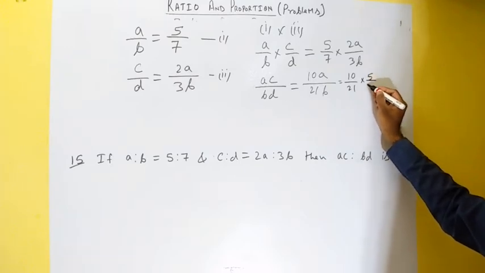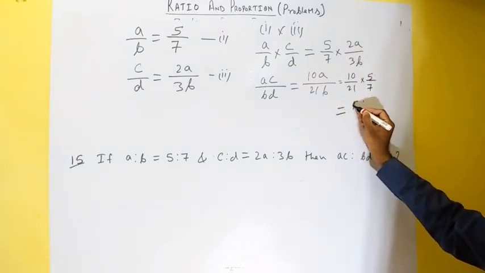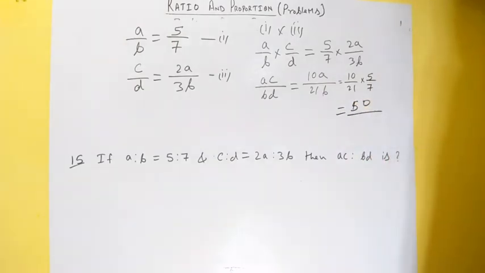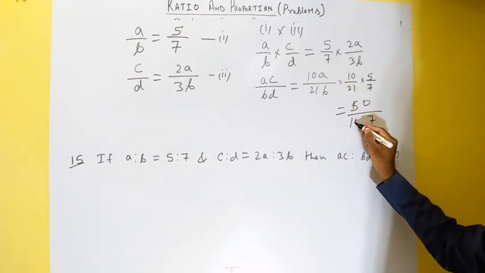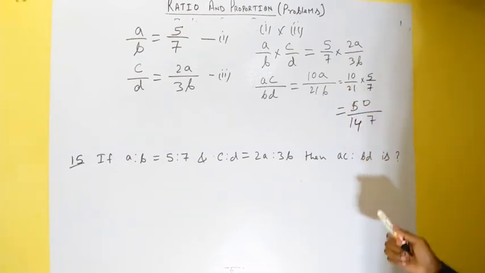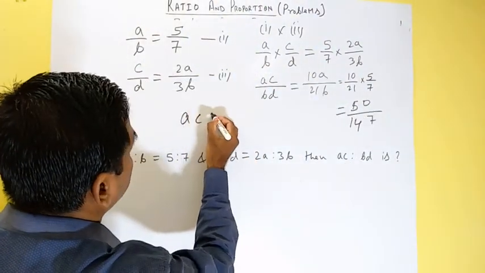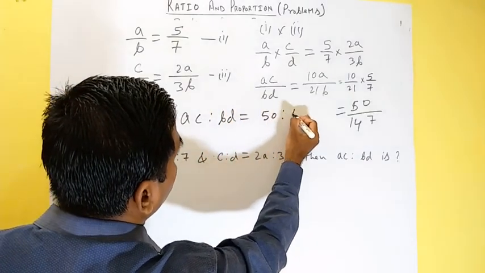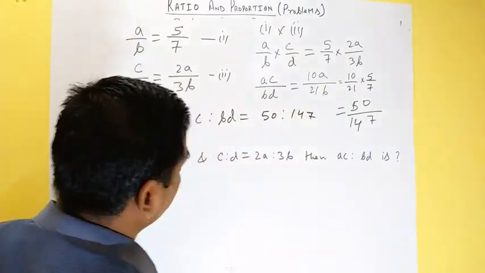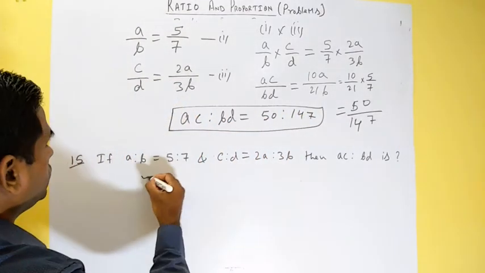So this will become 5 tens are 50, and if you multiply 21 into 7, it is 147. So the final answer here, AC is to BD is equal to 50 is to 147. So we have solved this problem also.